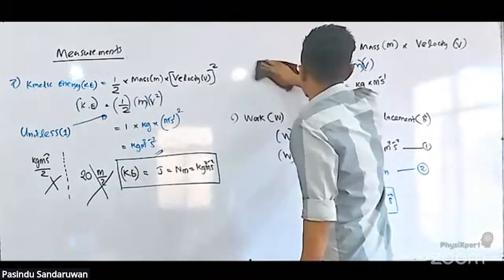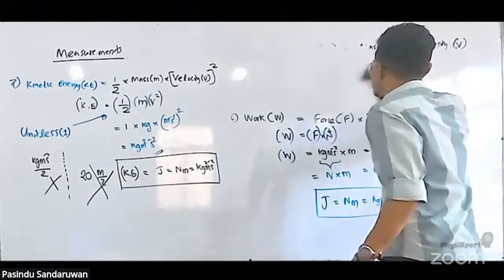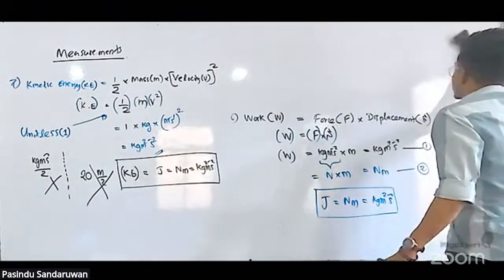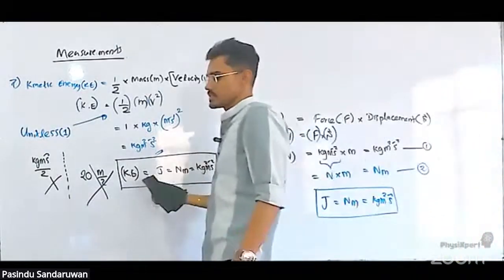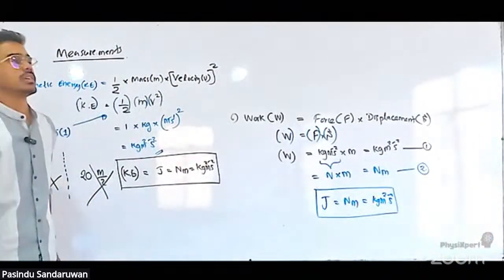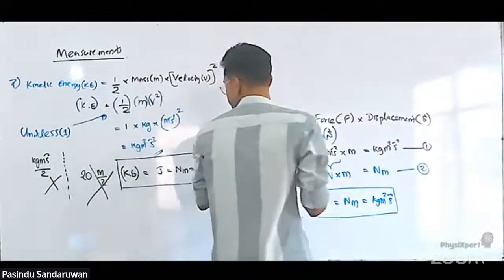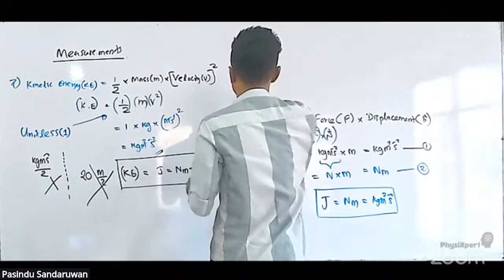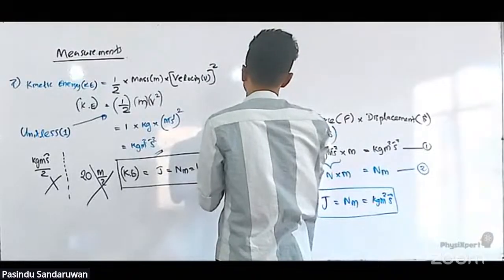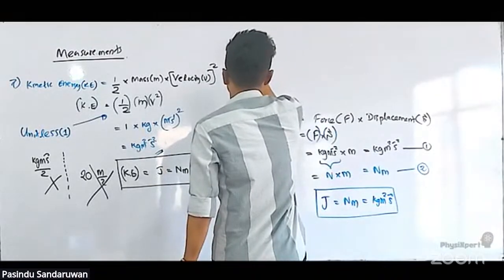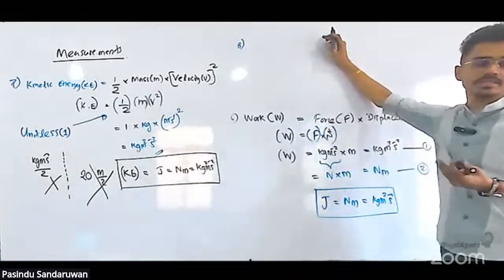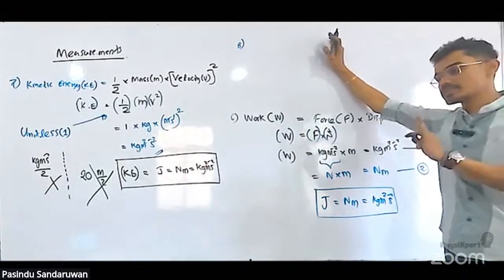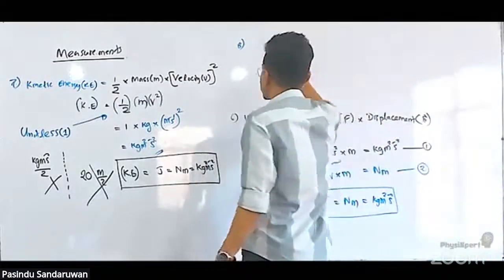As the next one, go to gravitational potential energy. Sometimes you might be using it as potential energy. It is fine until O levels, but when it comes to potential energies, there are different types of potential energies. That's why we are specifying gravitational potential.